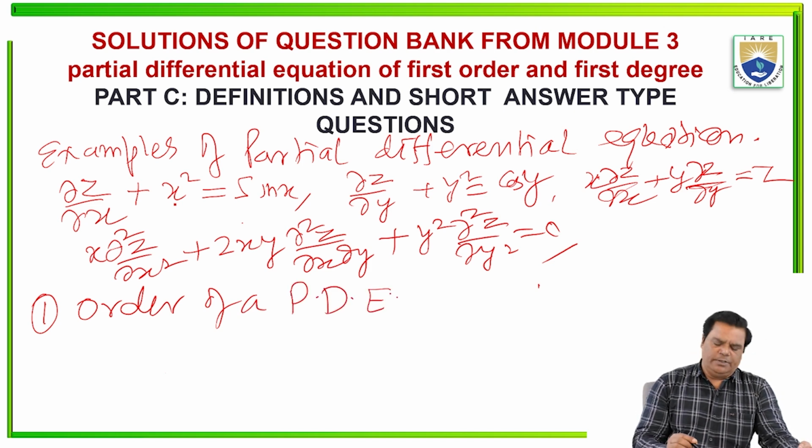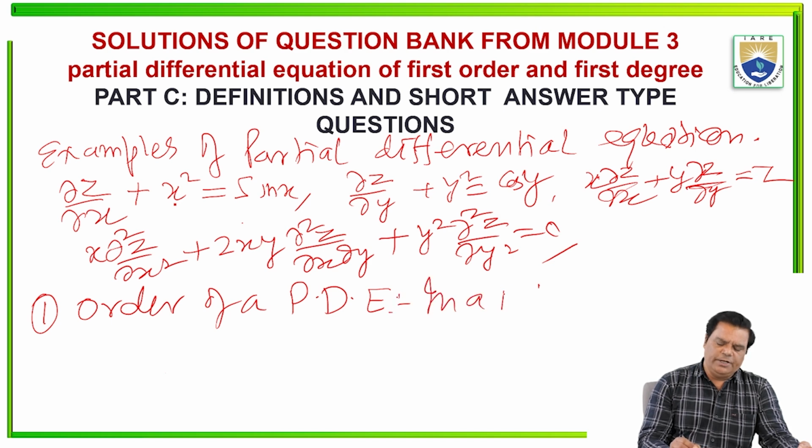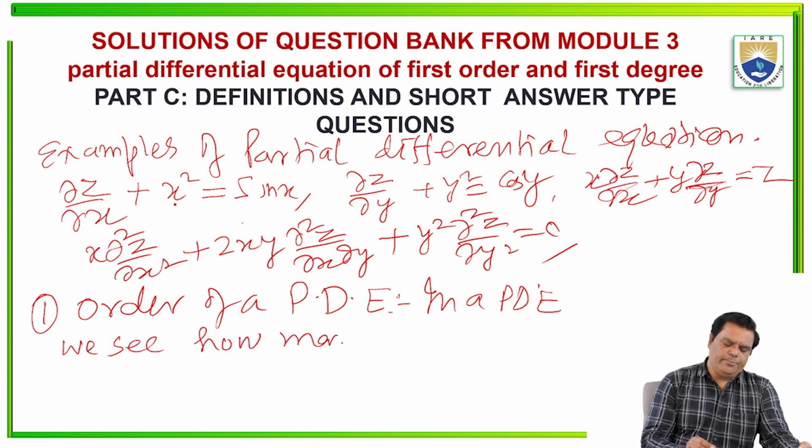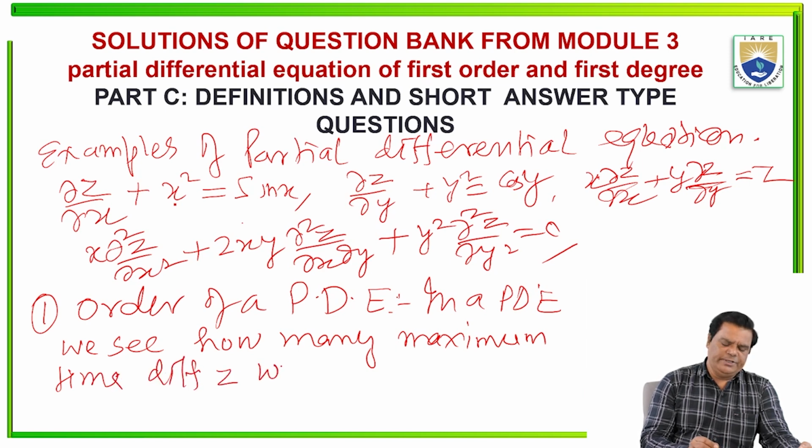Next, order. What is the order of a PDE? Okay. In a PDE, we see how many maximum times we differentiate z with respect to x and y.